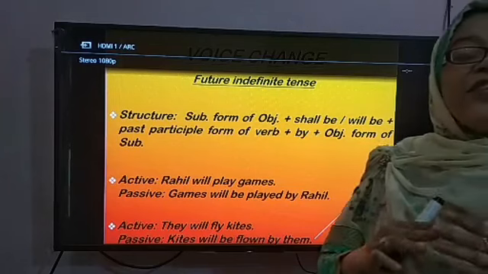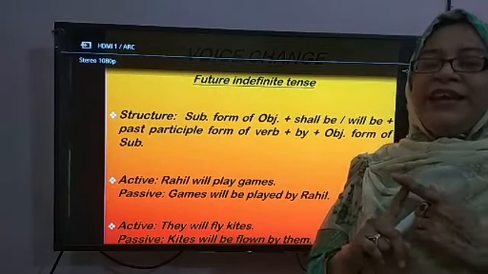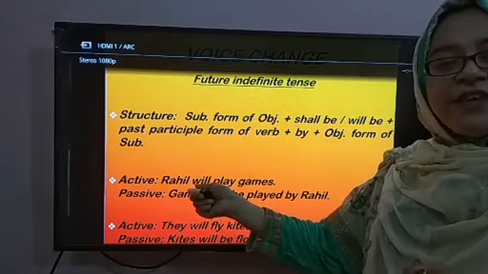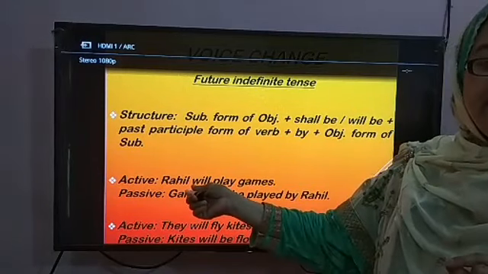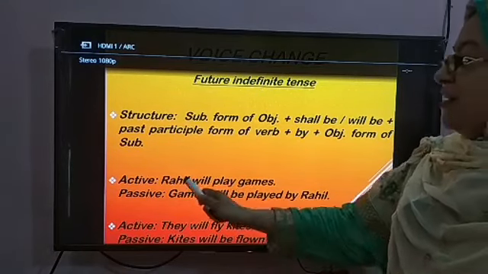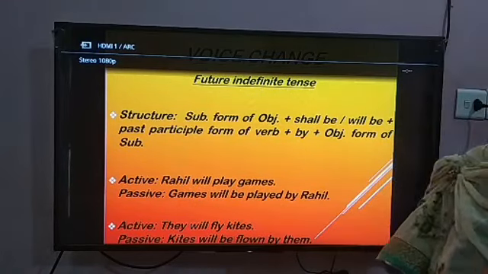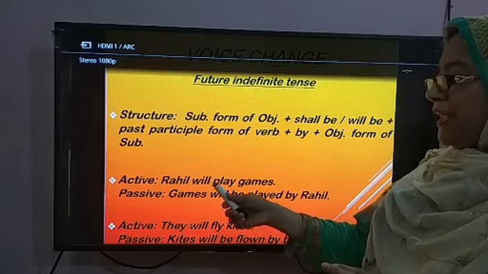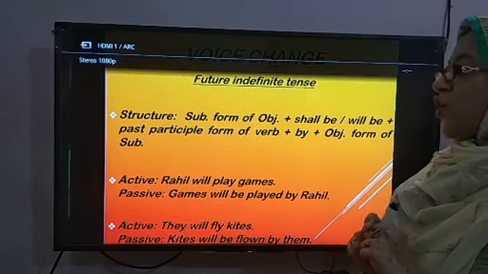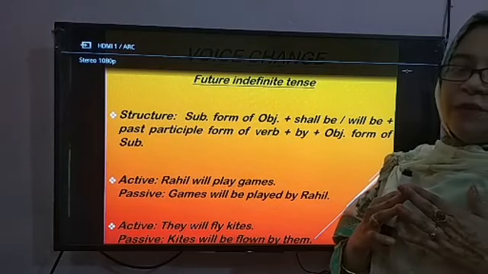Now we discuss future indefinite. How can you understand future indefinite tense? Of course, here you will find will or shall. Look at here. Rahil will play games. That is future indefinite tense. How can we turn it into passive?